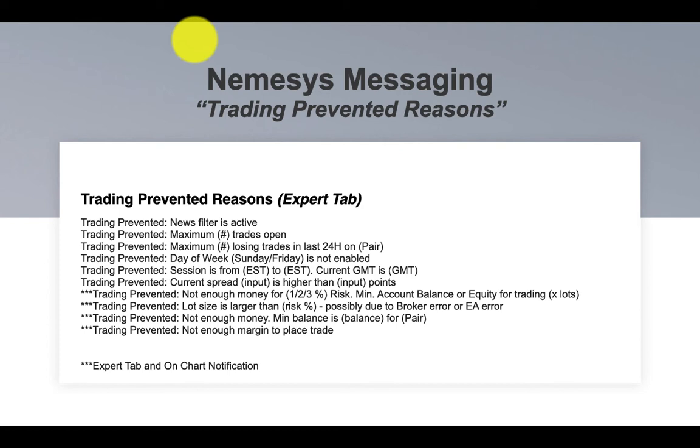And this most likely means that it's a combination of broker error and EA error, from the standpoint of your broker may calculate a certain feature for that pair differently than the brokers we've already tested. And so we just need to go in there and add that additional calculation for you. All right. That's all that means. And so we'll go in there, we'll make that update, and then you should be good to go.